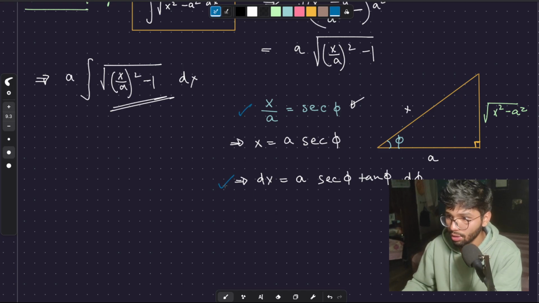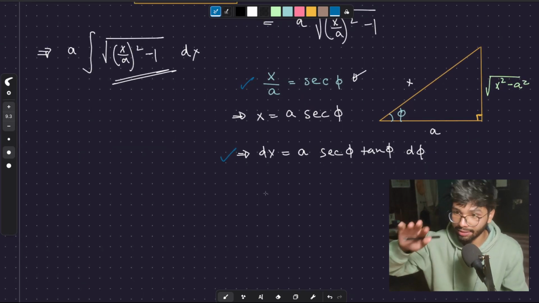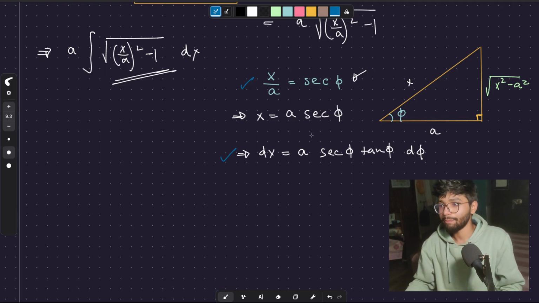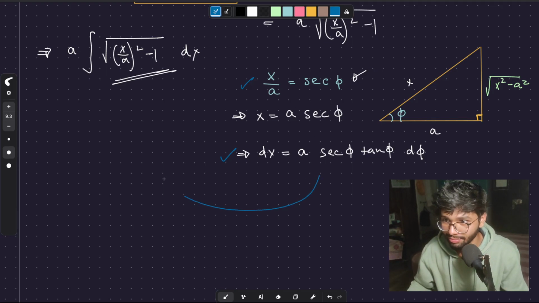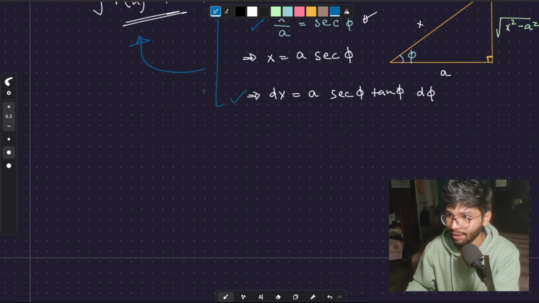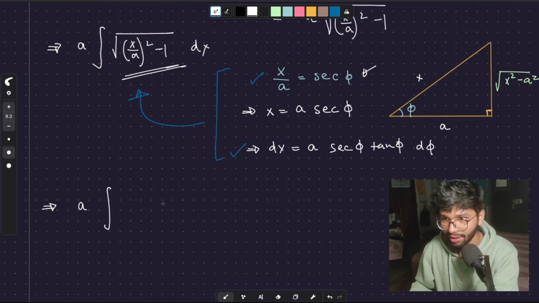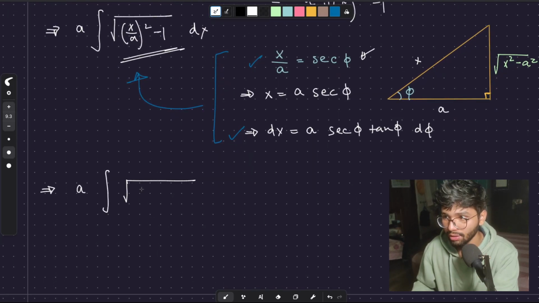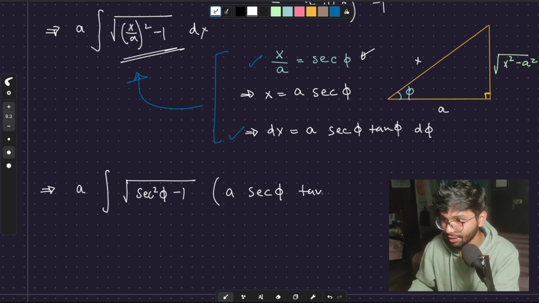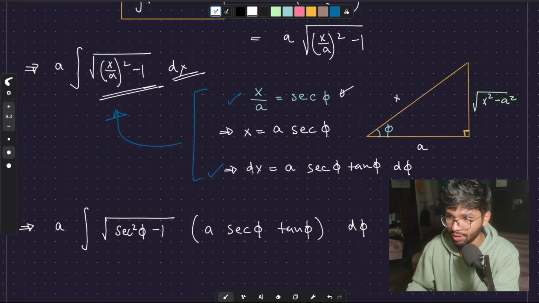So these are the core substitutions we are making. We're going to put this over there, and let me write it here. Great. So we got a, and we got our good old secant squared phi minus 1, times our a secant phi tangent phi d phi, because we're substituting for dx.